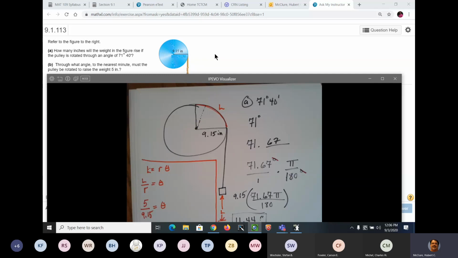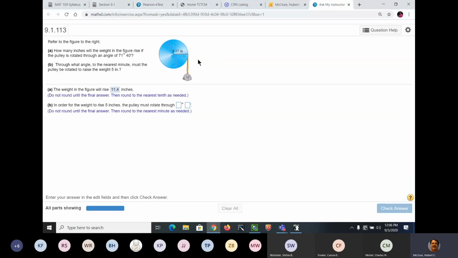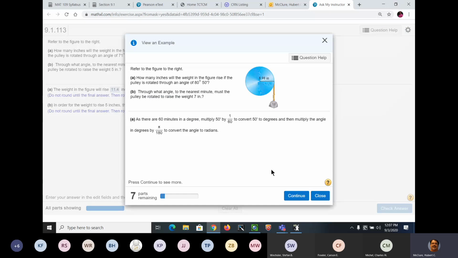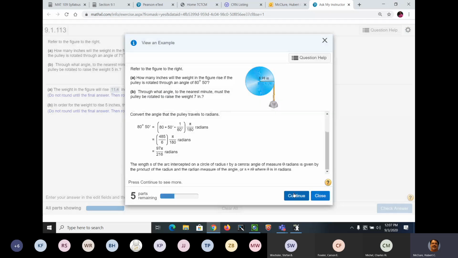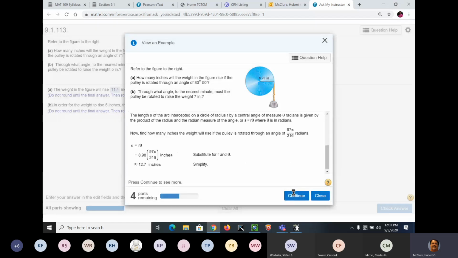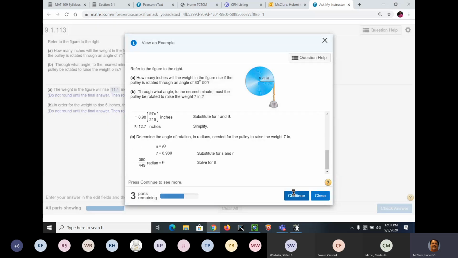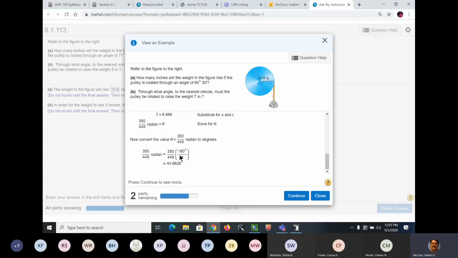But you got to change it over, and I want to make sure that they're not using the inverse. They can't use the inverse yet. Let me see what they're doing here on B. Yeah, that's what they're doing. You get a big number over a big number. I was making sure. They're multiplying it by 180 over pi.